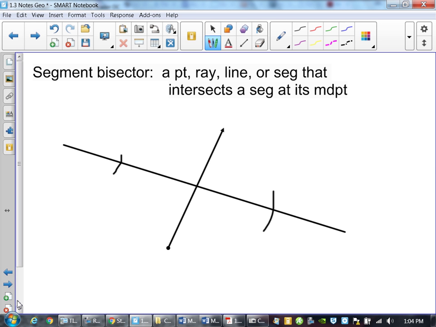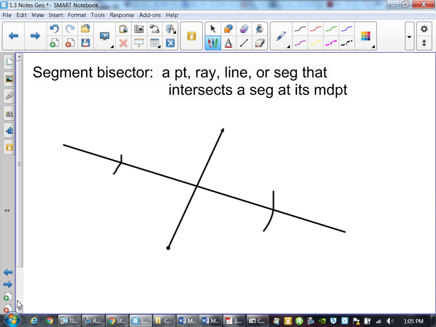It could be something going through the point. All right? Think about Robin Hood shooting an arrow and he splits the apple in half. The arrow looks like a ray. The ray cut the apple in half. So I don't know, it's kind of a bad example, but you get the idea. It could be anything else that goes through a segment at its middle spot, the midpoint.